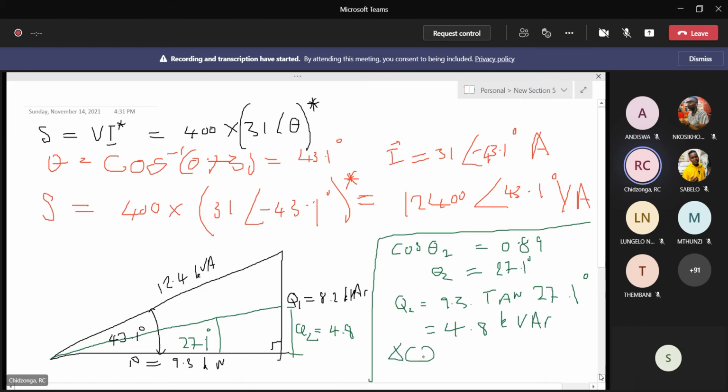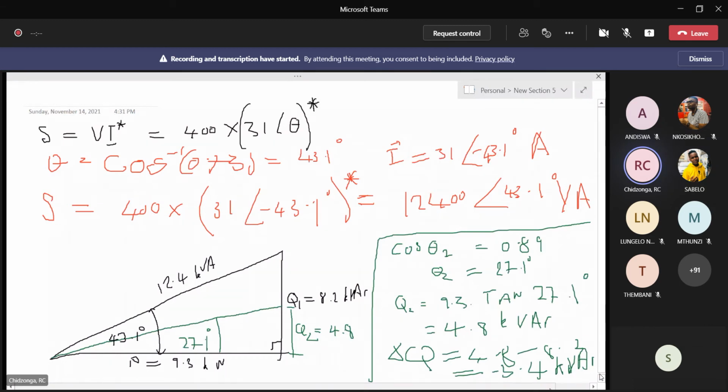Therefore, the change in reactive power is 4.8 minus 8.2, which is minus 3.4 kilovars.